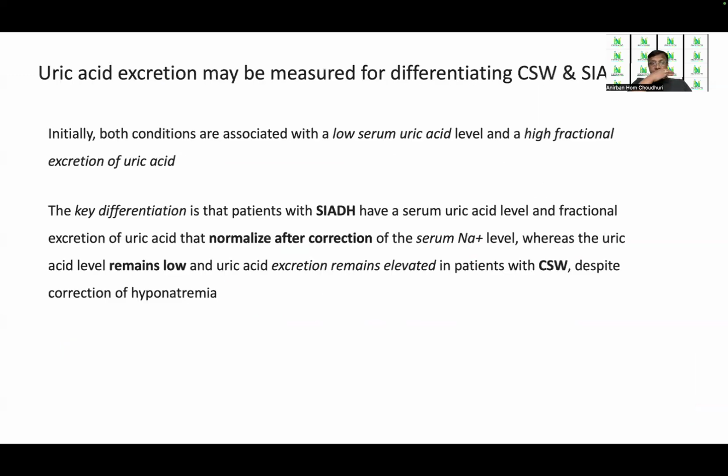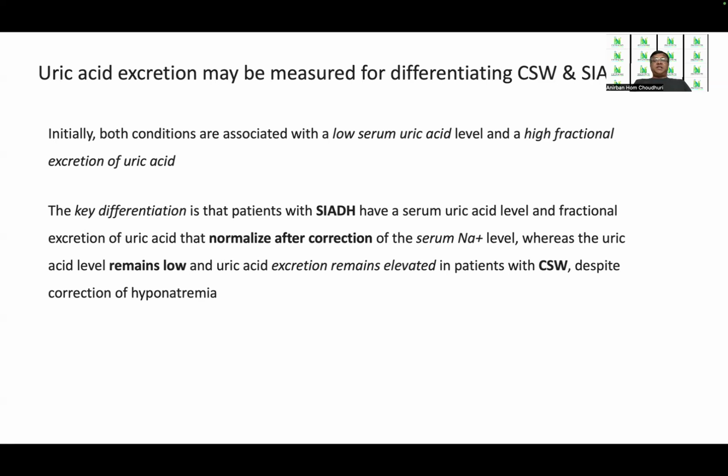Now, I said that uric acid excretion is a measure which can be used for differentiating cerebral salt wasting and SIADH, because both conditions are associated with a low serum uric acid level and high fractional excretion of uric acid.